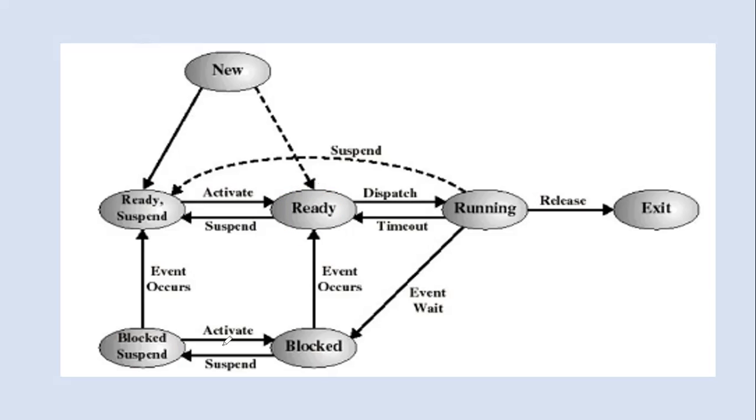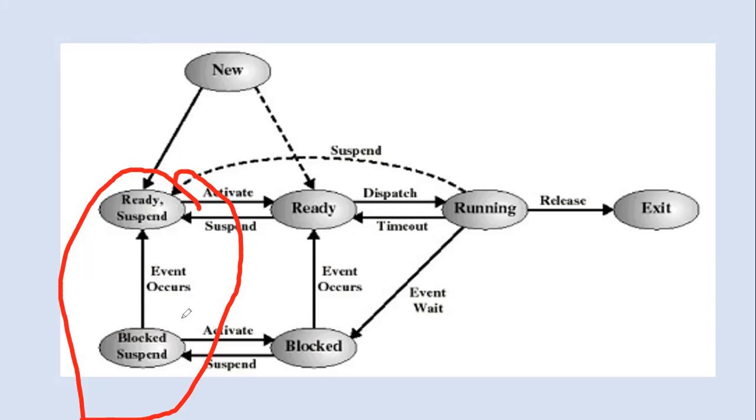And therefore, my dear students and learners, it's good to note that the blocked suspended state and the ready suspended state, both of these processes take place outside the main memory. These two states are found in a secondary storage medium, in a space which has been set aside for temporary use for processes that have been blocked or suspended.